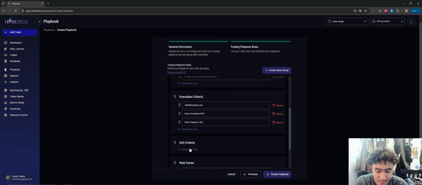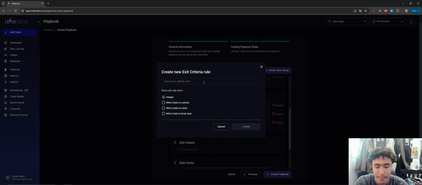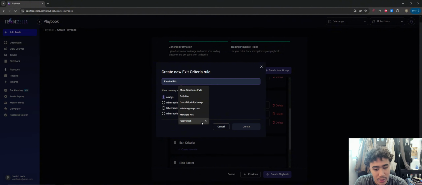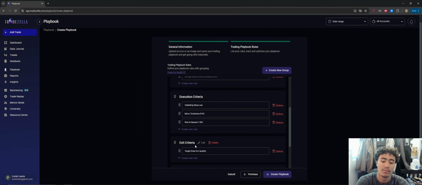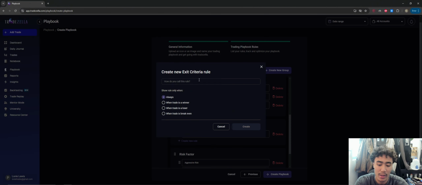But getting into the final exit criteria. How do you exit your trade? It's pretty simple. Target draw on liquidity. That's it. And then you can also include take profit.